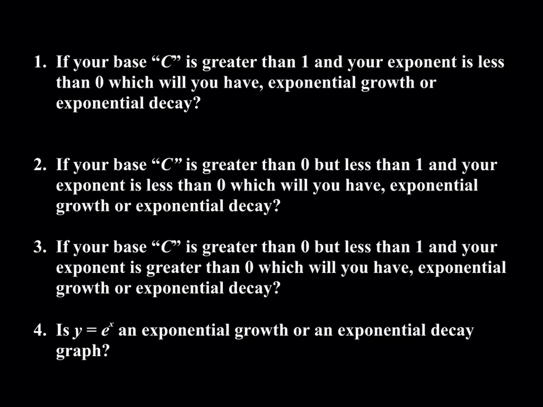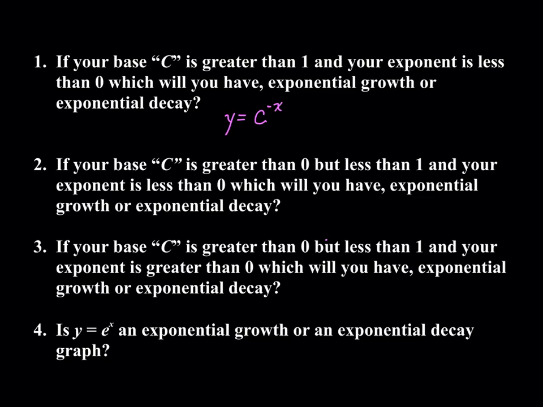All right, so if your base value c is greater than 1, so what we've got is y equals c, and your exponent is less than 0, so we're going to have minus x.